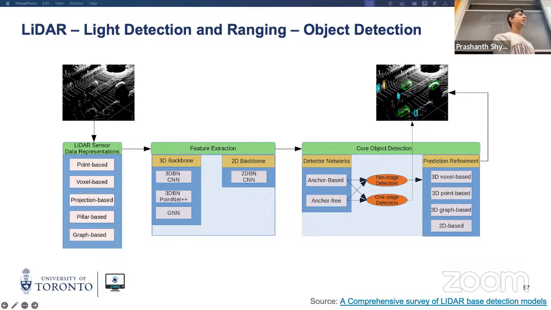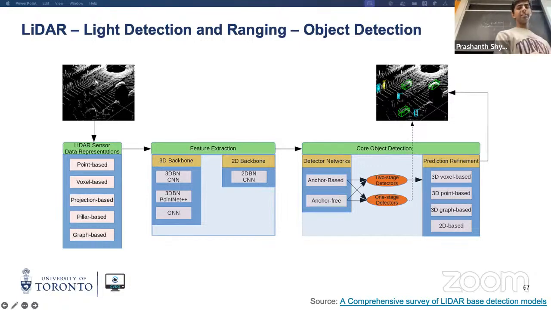Anchor-free networks are those which don't assume anything about the size of the boxes. They just try to predict the actual location XY. And then based on that, they leverage some more information, such as semantic information, like other objects in the scene, foreground objects, parts, and center points to figure out the orientation of the bounding box, height, width, size, etc. And just like with 2D detection, there are two types, one stage and two stage.